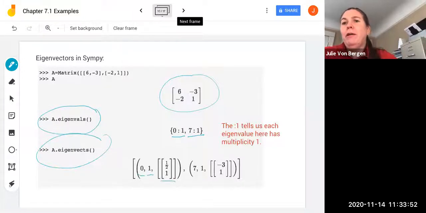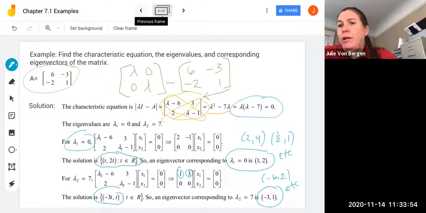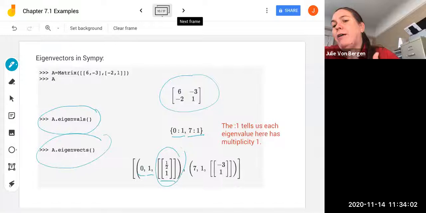So remember, because we had a free variable, for lambda 1 equals 0, you could have had 1, 2, but you could have also had 1/2, 1 as a possibility. So here, Sympy is giving us 1/2, 1 as one of the possible vectors. And then for the second eigenvalue 7, which also has multiplicity 1, they're giving us the -3, 1 possibility. But remember, because that was a free variable, there were several possible results there.